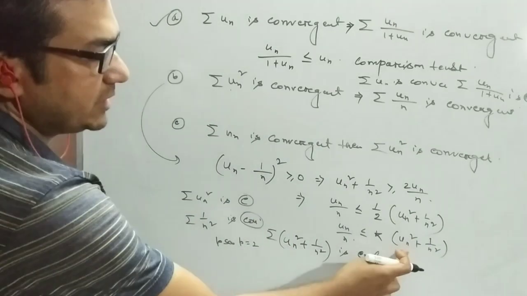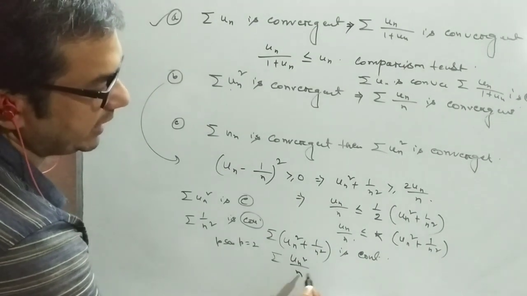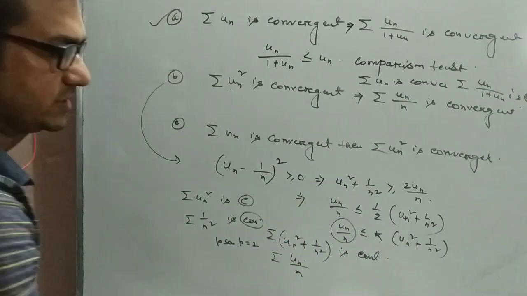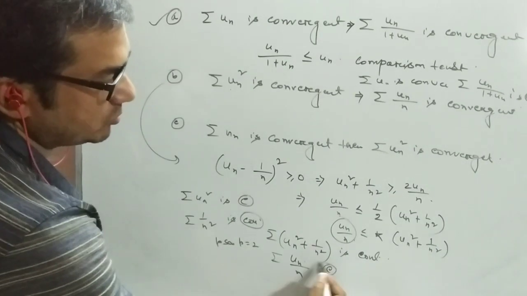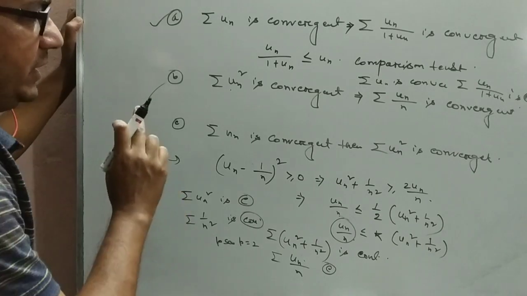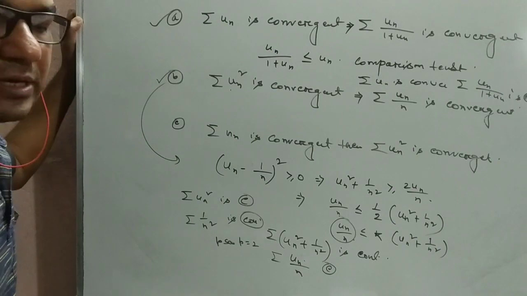So by comparison test, the left hand side series, summation un by n, must be convergent, right? So this is also correct.